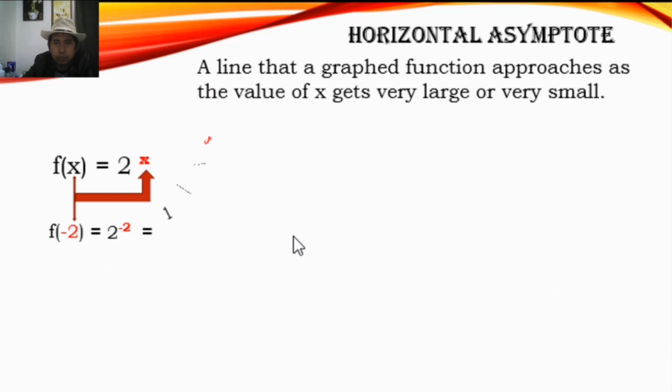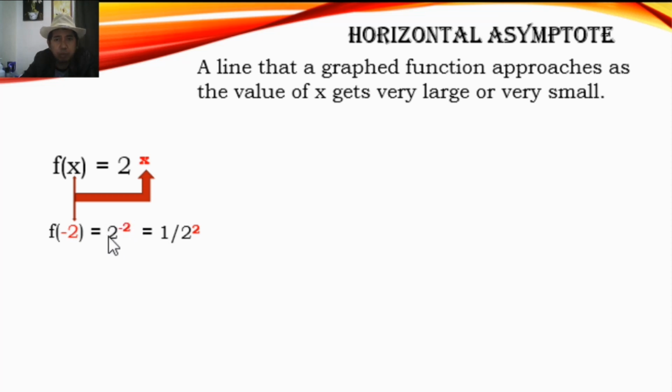Let's continue. If I will be evaluating the exponential function, I will have a result which is f of x, the same as f of negative 2, is equal to 2 raised to negative 2. Now the result of that would be 1 over 2 raised to positive 2. How come this is the result? Because in the laws of exponents, if our exponent is negative, we try to make it positive. And how are we going to do that?